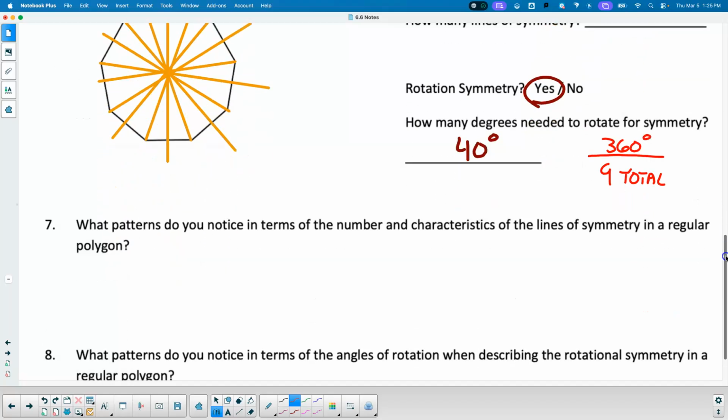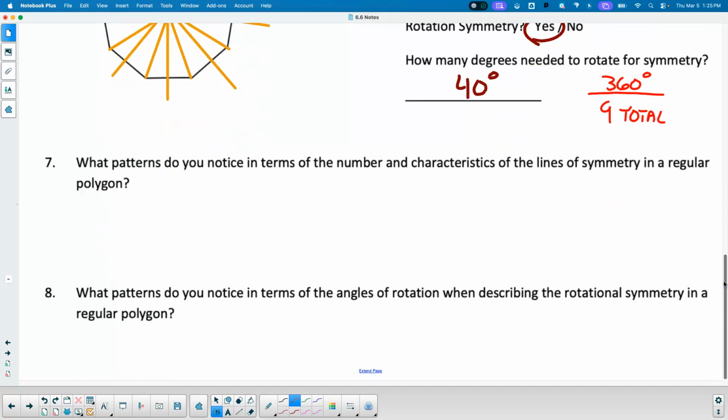All right, let's tie it together. Do we notice a pattern in terms of the number and characteristics of the lines of symmetry? Yes. Okay, what was the pattern for the lines of symmetry? Same as the number of sides?